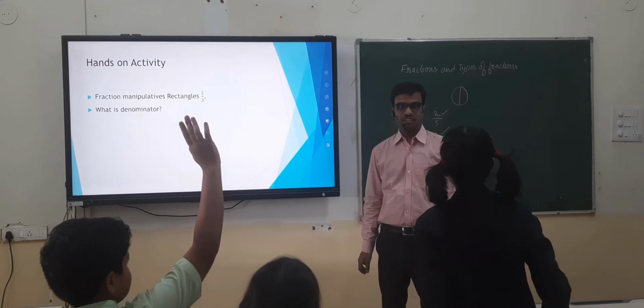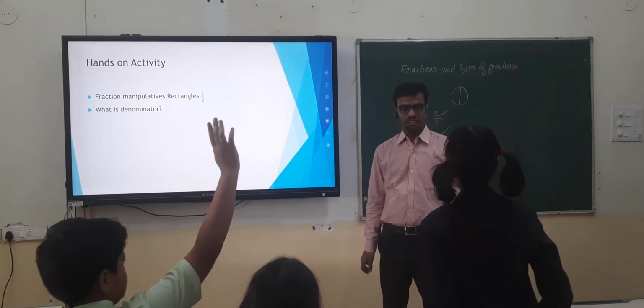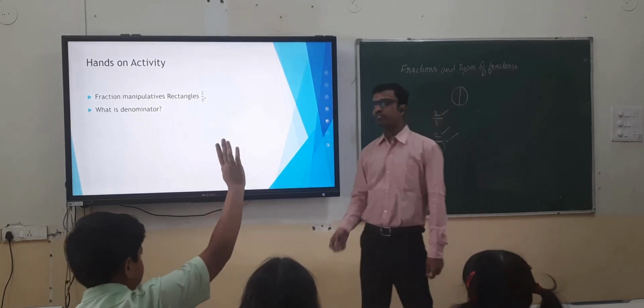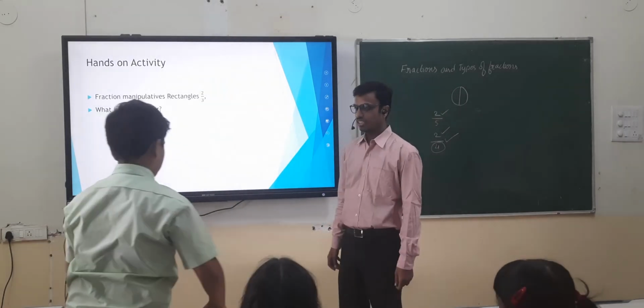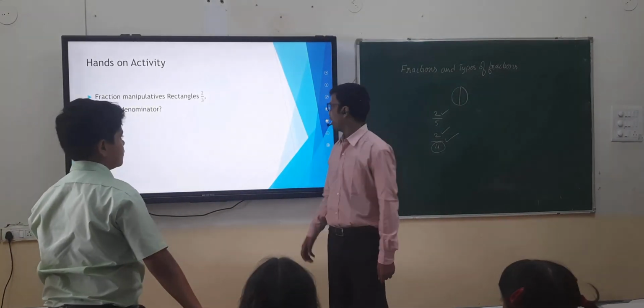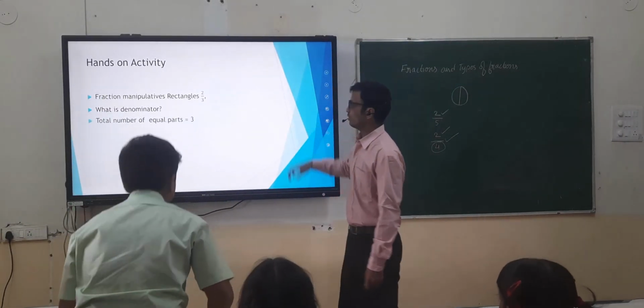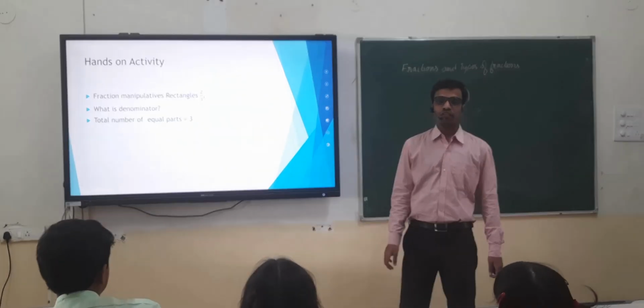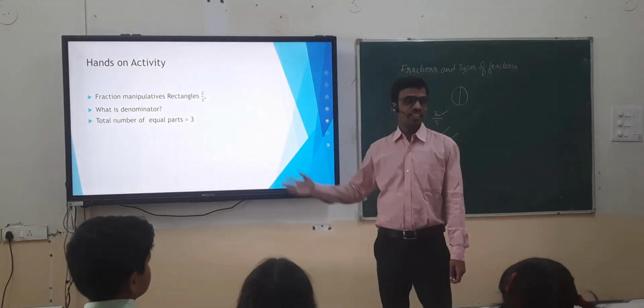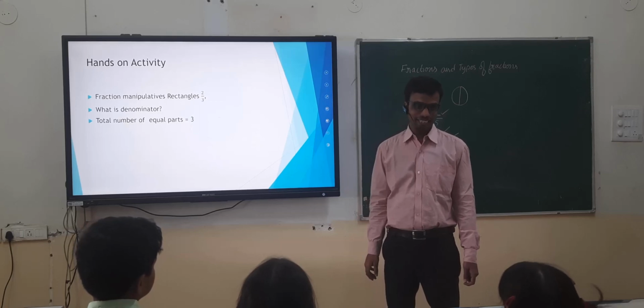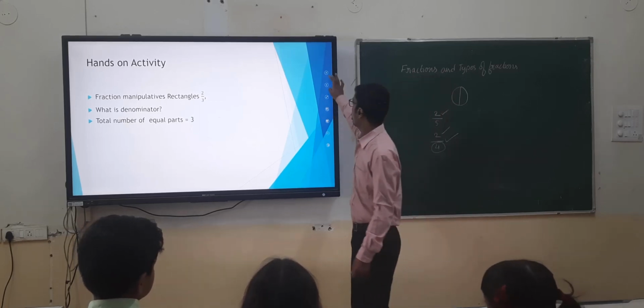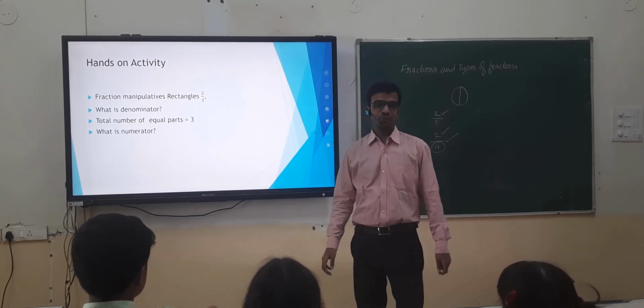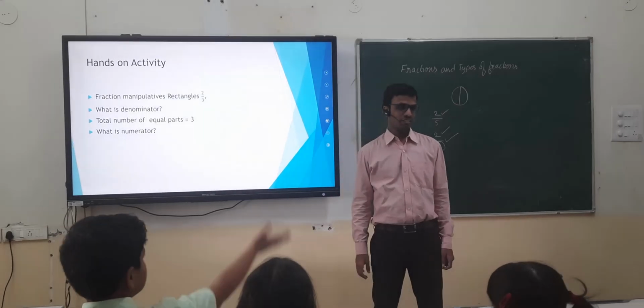Sir, the number below the line is called the denominator. Correct. What is the meaning of that? Total number of parts of a whole. Very good. That is the correct answer. That is why we call that one 3. 3 is called what? Denominator.